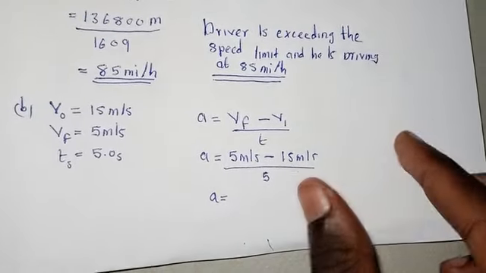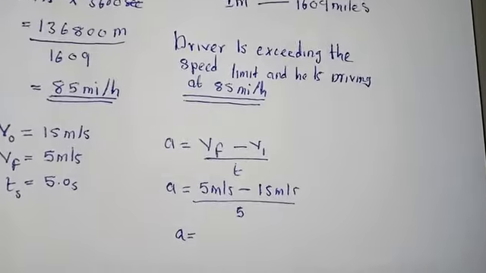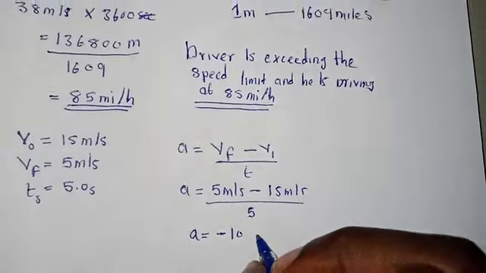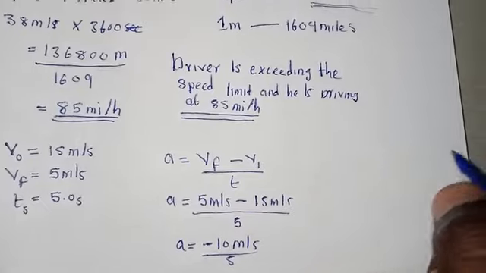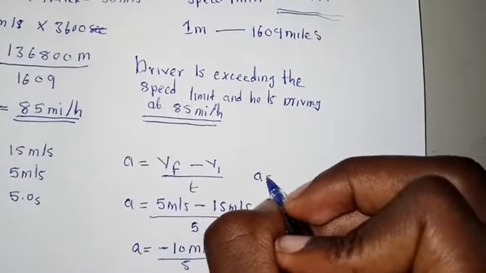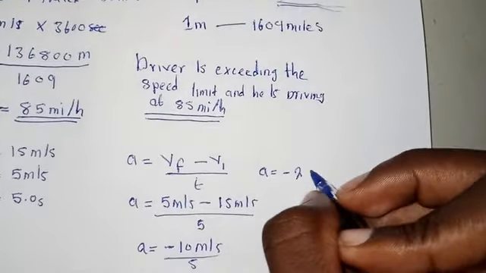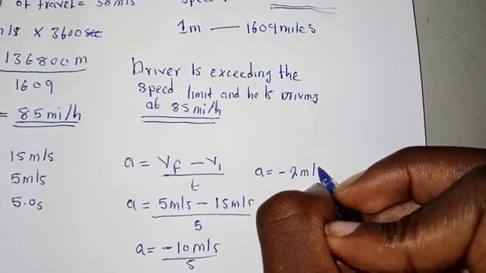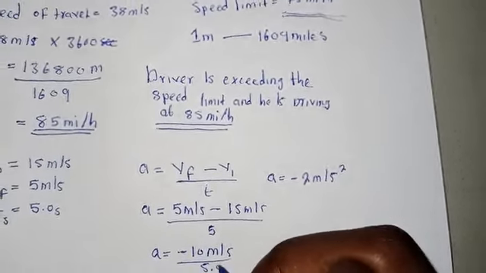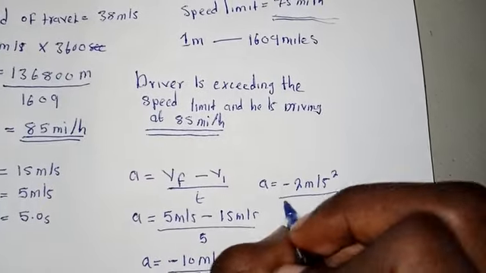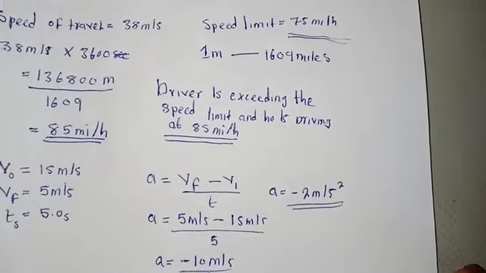So this is just going to be negative 10 meters per second over 5, and therefore our acceleration is going to be negative 2 meters per second squared. So this is how you find this.